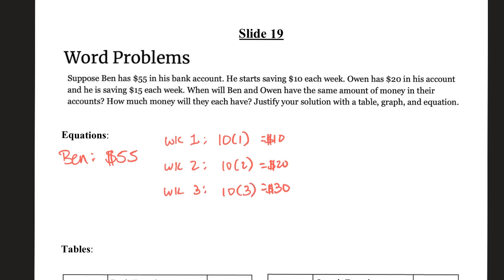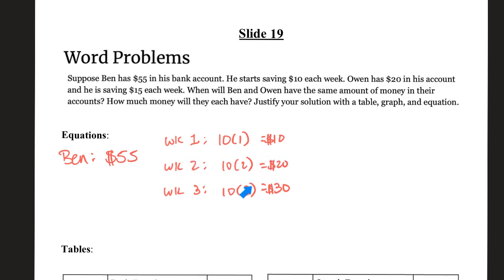Well, if you notice, there's a pattern here. The 10 stays the same, but then I'm just multiplying that $10 by what number week has passed. So after 1 week, 10 times 1 is 10 bucks. After the second week, I multiply 10 by 2, which is week number 2, and I get 20 bucks.